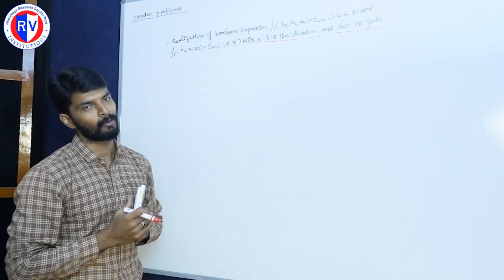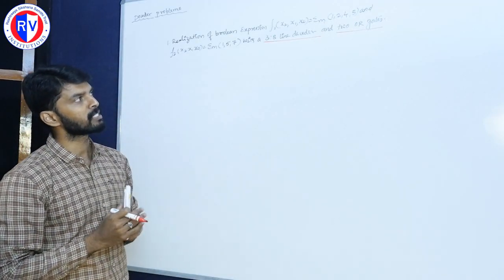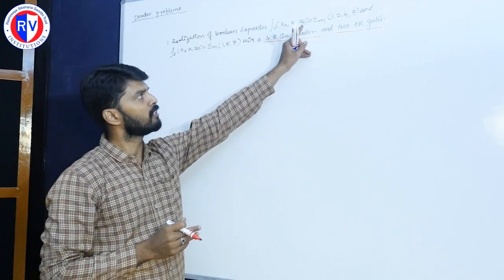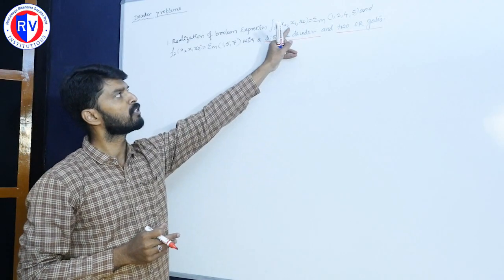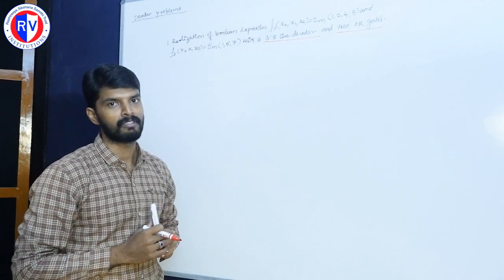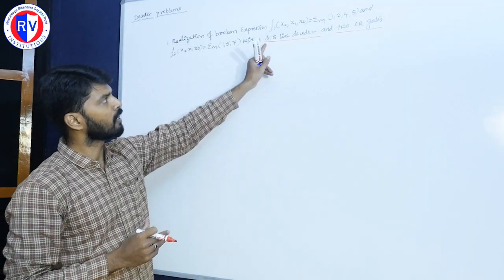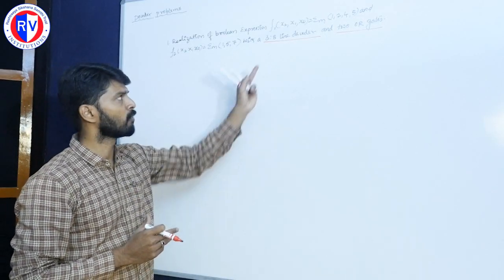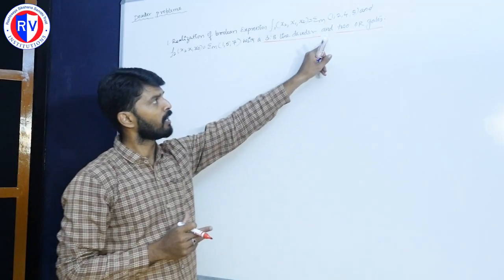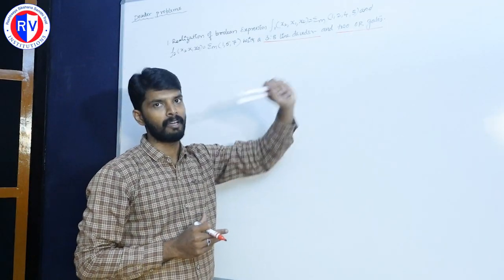or an active low decoder. By seeing these equations, these two equations are SOP equations, isn't it? They have given a 3:8 line decoder. We don't know whether it is active high or active low, and they have given which gate we need to use, the OR gate.